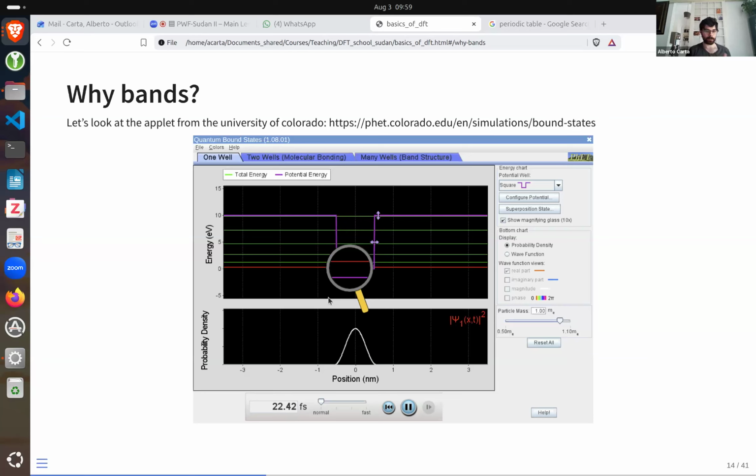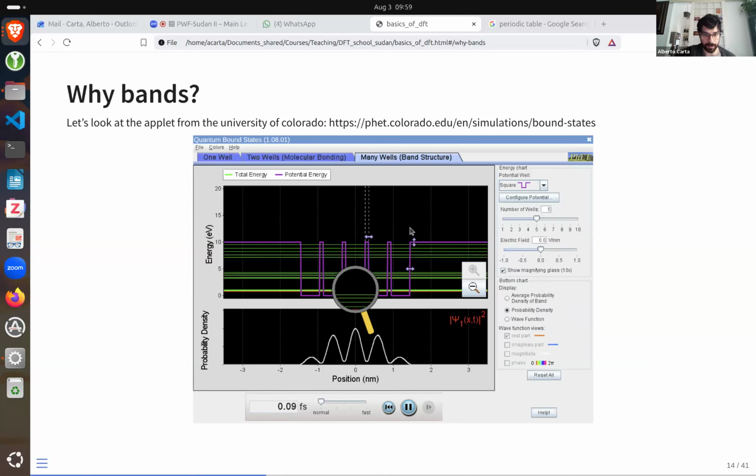Okay, maybe let's go forward. I mean, let's show you. Okay, so this is the situation. Let's remove the magnifying glass. So this is the situation when I have more than one quantum well.